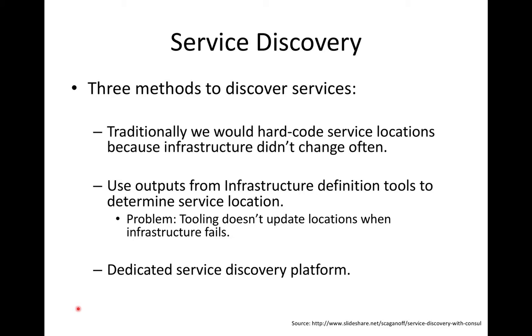And because Ansible is launching and creating these services, it knows where those services are located. And so it can provide the web server with the location of the database server because it created the database service.